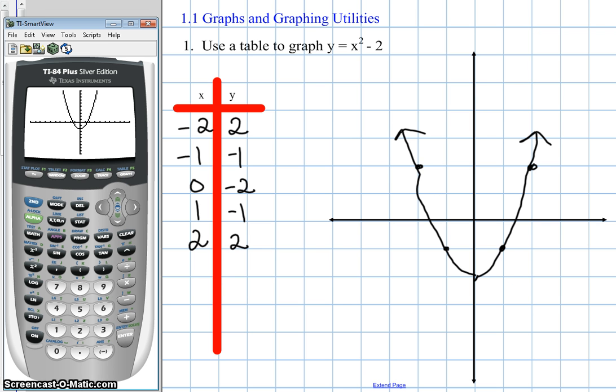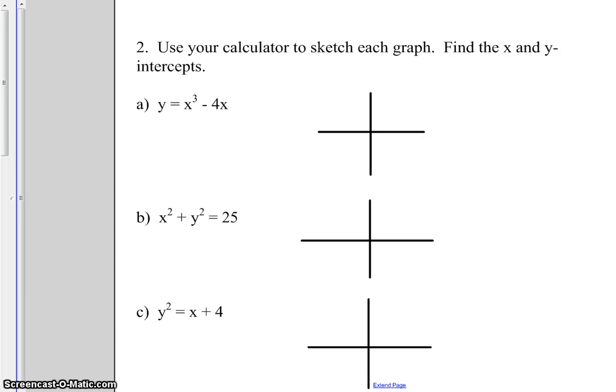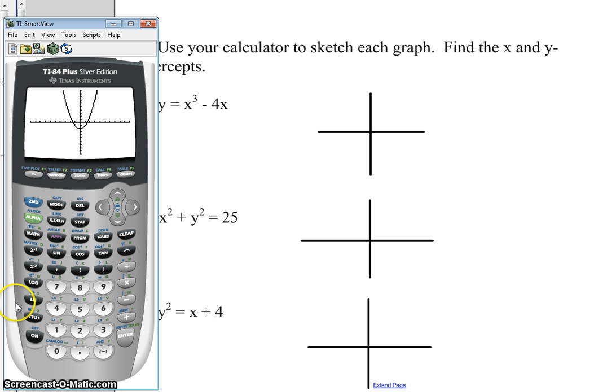Okay, next page. Use your calculator to sketch the graph and find the x and y intercepts. So here's your calculator.